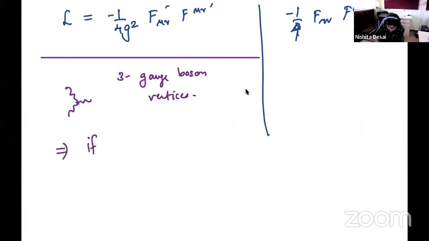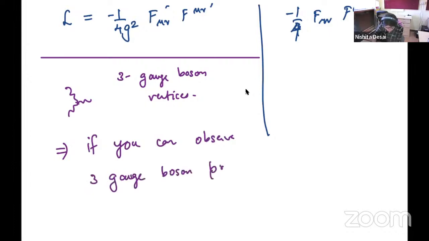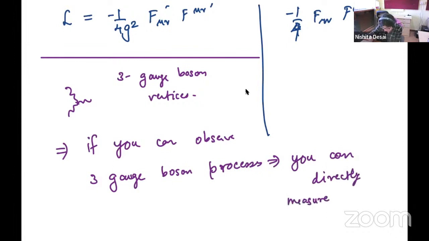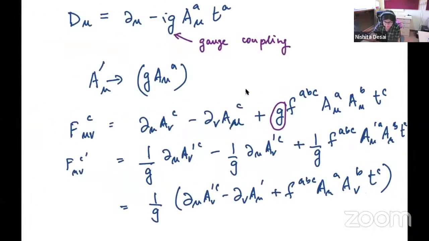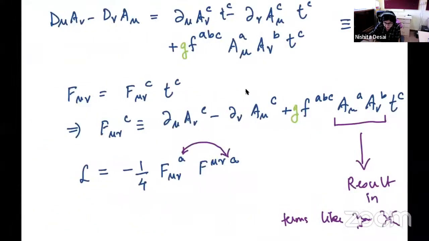So if you can observe boson processes, it means you can directly measure this g.